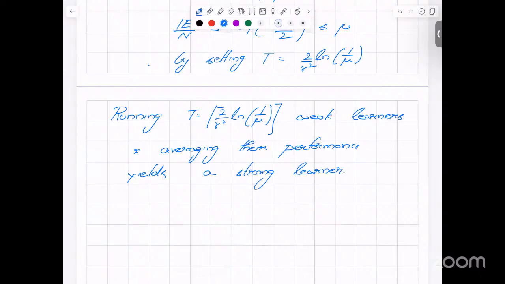In other words, the weak learner was only getting it right with half plus gamma. From half plus gamma, we went to something which got it correct with 1 minus mu, by just running the weak learner a constant number of times. It's a very simple repetition of the weak learner, and that gives you the boosting algorithm.